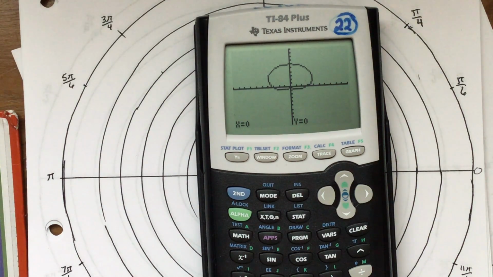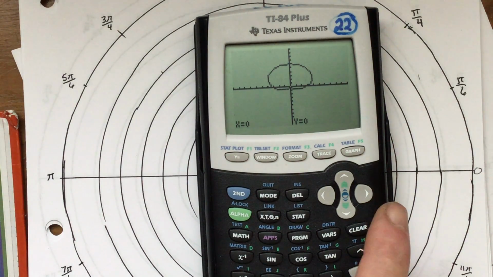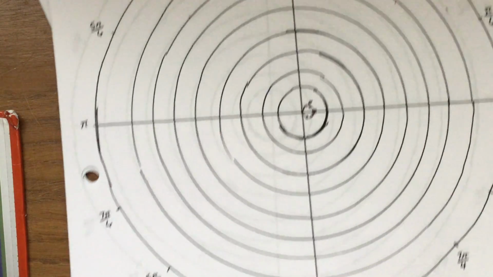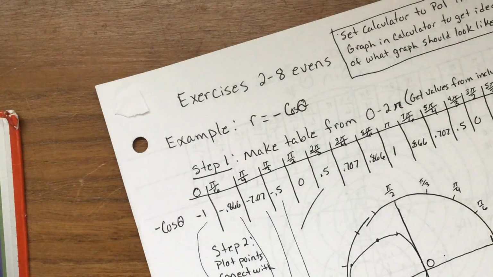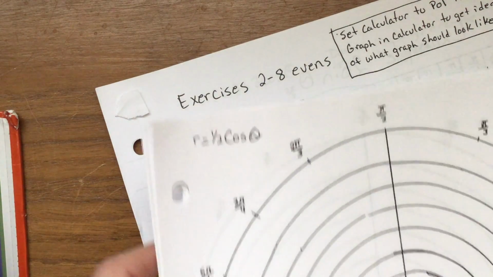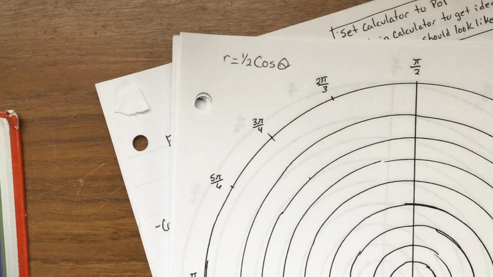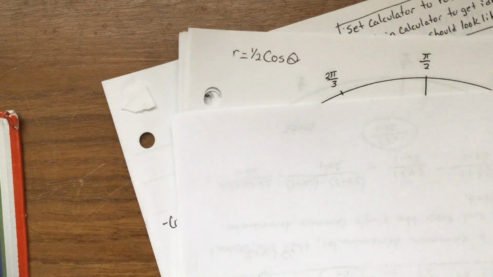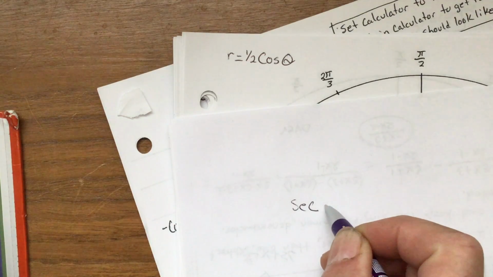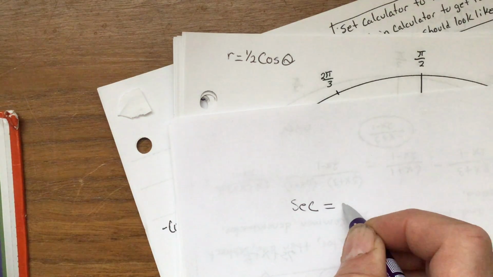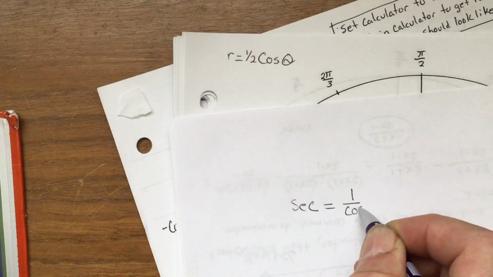For secant and cosecant, I went ahead and put those in the table, because in order to do secant or cosecant in the calculator, those are the inverses of sine and cosine. To get secant values, secant is the inverse of cosine, so it's 1 over cosine.